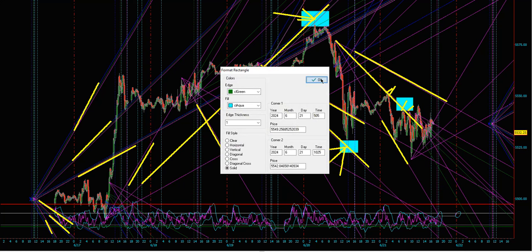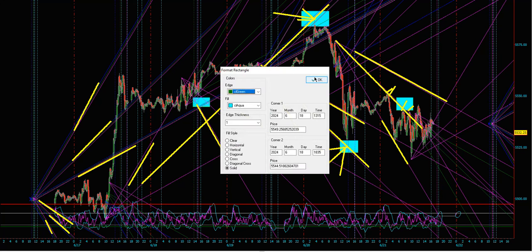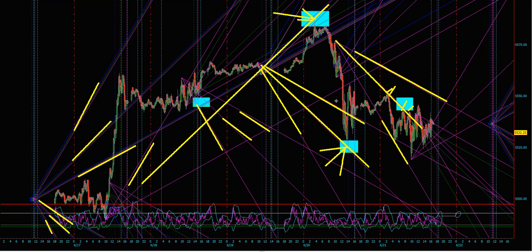Fully automated awareness. Then we also have a line coming down here, which also happened here. So the point is there's no randomness in the market.